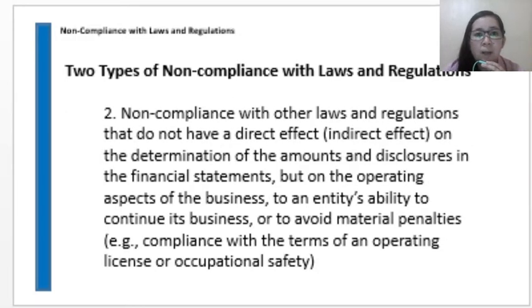The second one is non-compliance with other laws and regulations that do not have a direct effect, meaning the effect is indirect on the determination of misstatement in the FS, but on the operating aspects of the business, the entity's ability to continue its business or to avoid material penalties, such as compliance with the terms of an operating license or occupational safety.